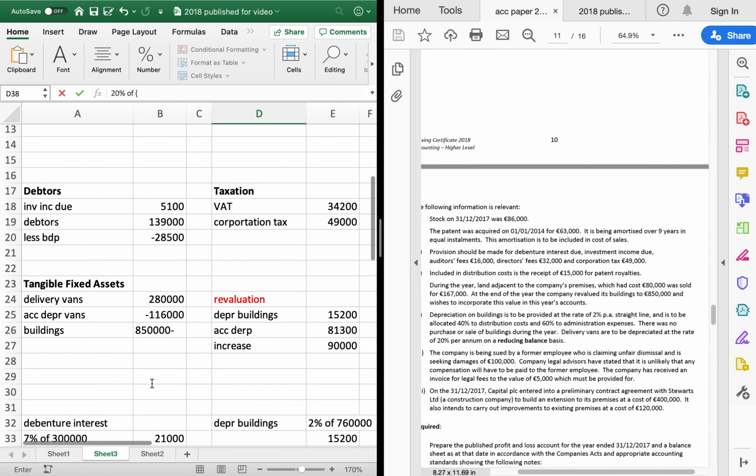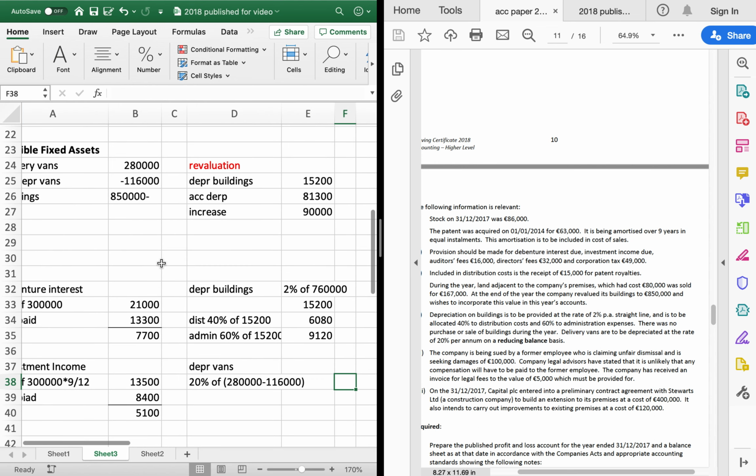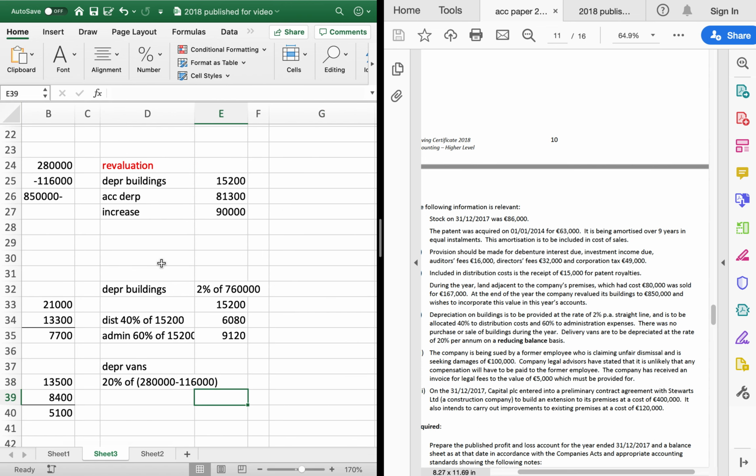So the value is 280 minus 116, so that's 164. And that's 32.8.